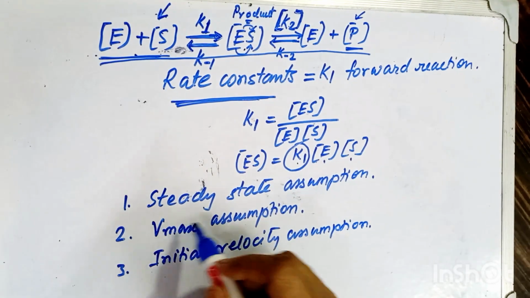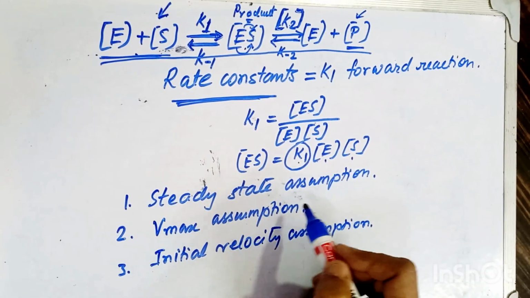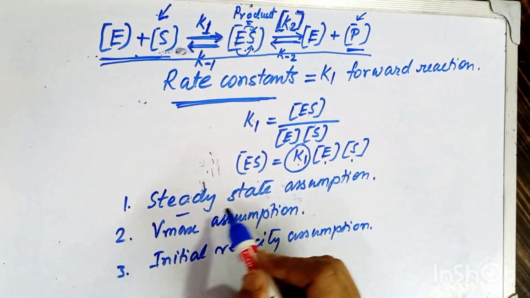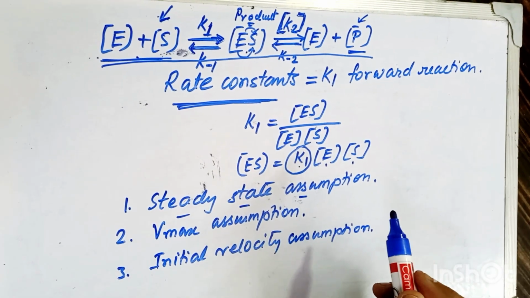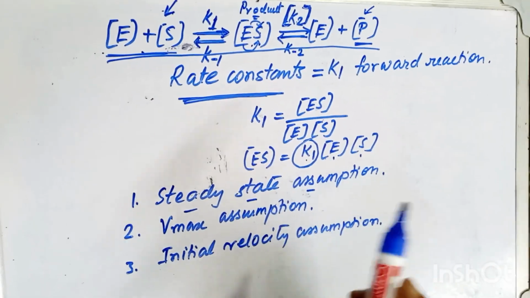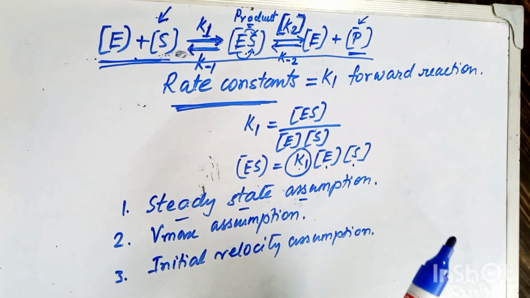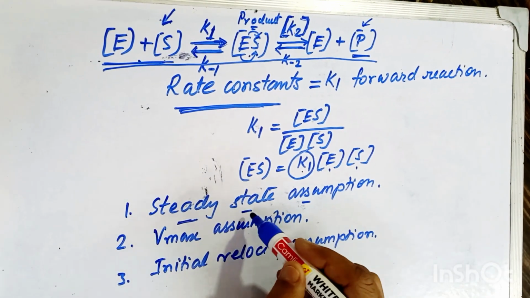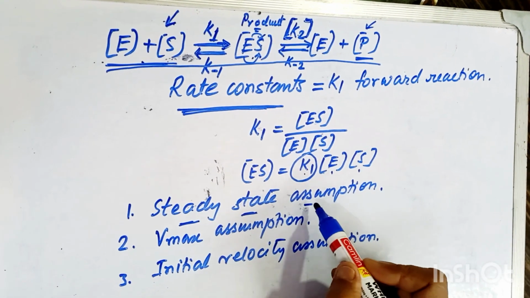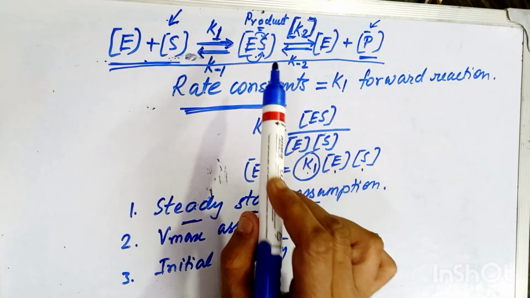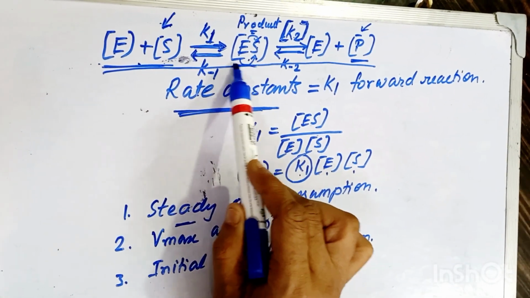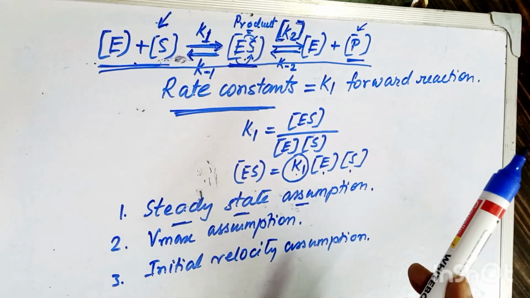Now I will explain what these three assumptions are. The steady state assumption tells us that in any enzymatic reaction, as it goes on, the enzyme substrate complex is formed in a steady state way.